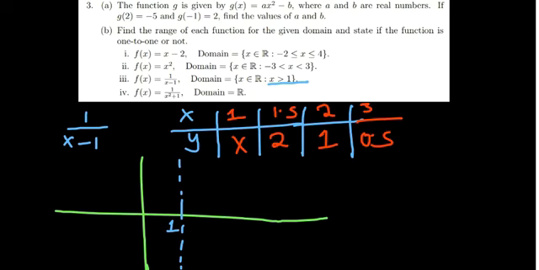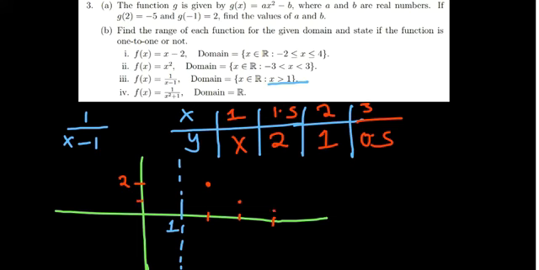Now we've tried values like 1.5, 2, and 3. So what have we observed? For 1.5, it has given us 2. For 2, it has given us a 1.